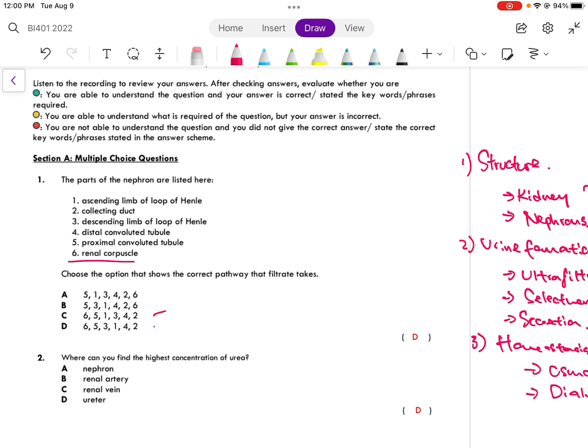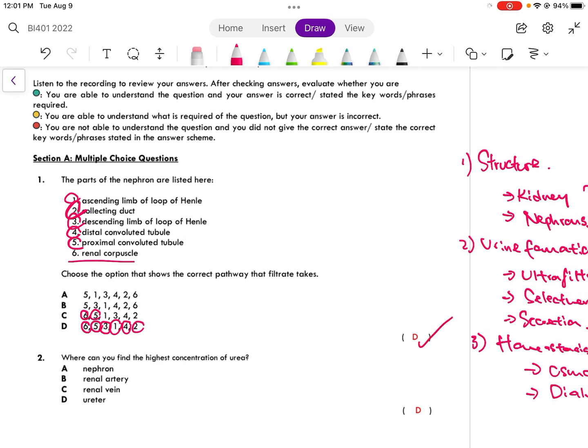So these two options are possible at the moment. After that, the proximal convoluted tubule. After that, you should go down the descending loop of Henle. So now we know D is likely the answer already. Then the ascending loop. Then after that, the distal convoluted tubule, then the collecting duct. So the answer is D.